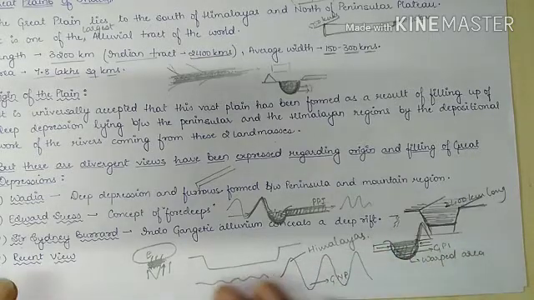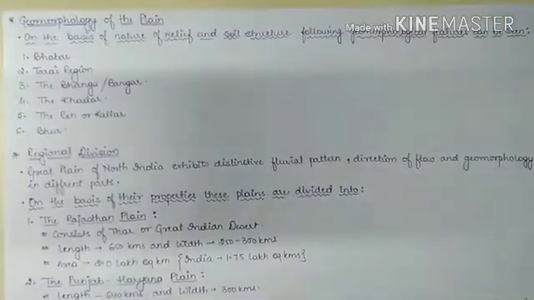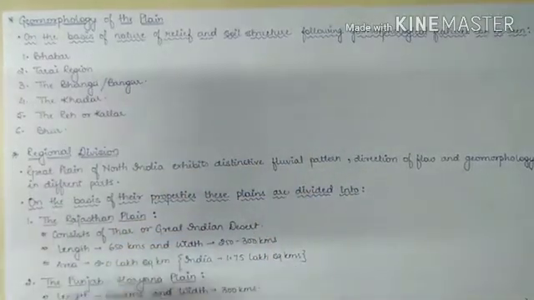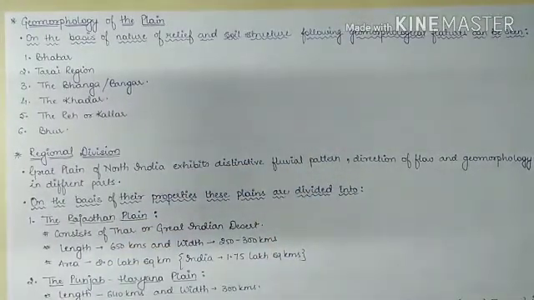Now as we have done the origin of the plain, we will look into the geomorphology of the plain. There is a tendency amongst geographers to treat the Great Plain of India as monotonous, flat, and featureless.